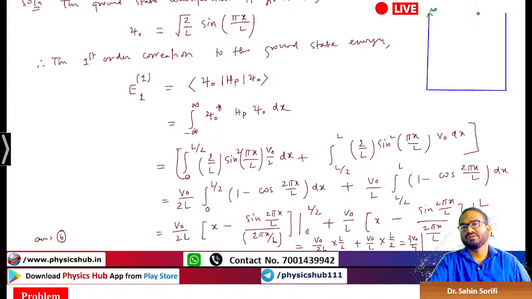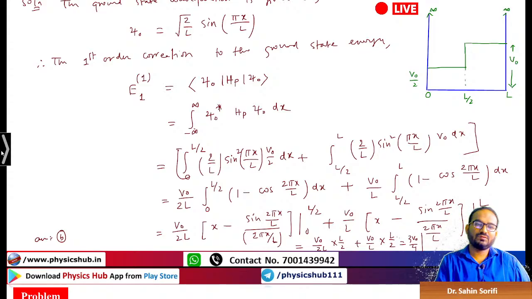You have been given this potential well. This is L by 2, let's say. So between 0 to L by 2, V naught by 2 has been applied, and between L by 2 to L, V naught has been applied.